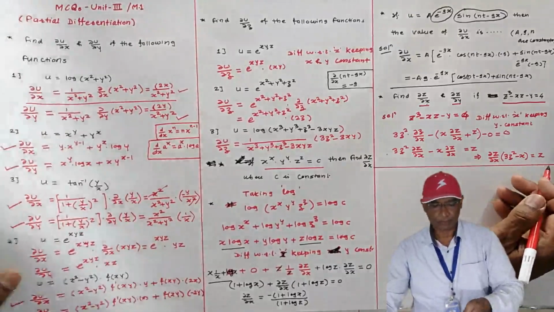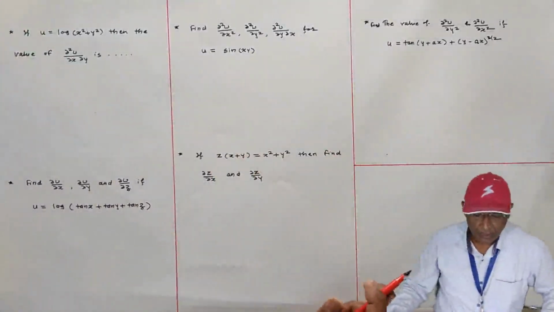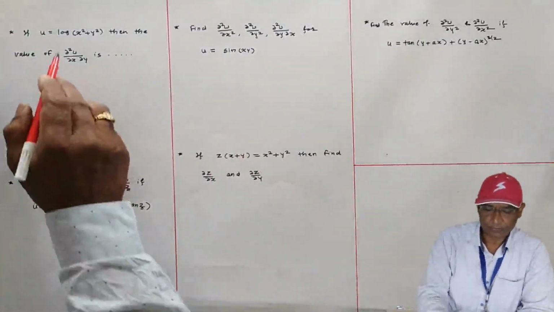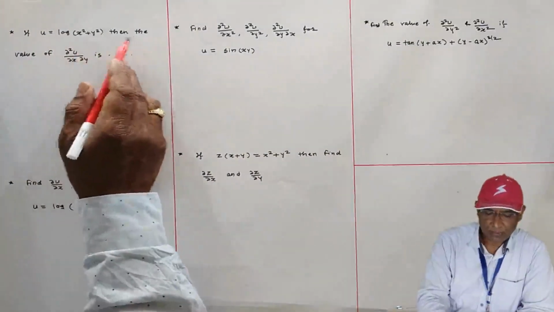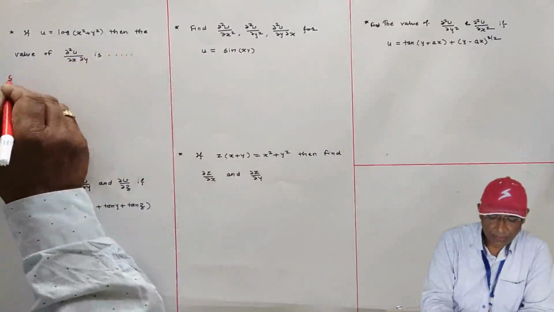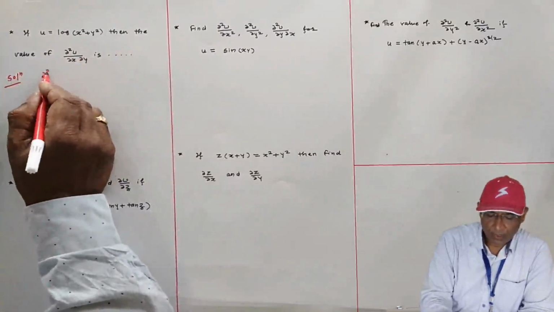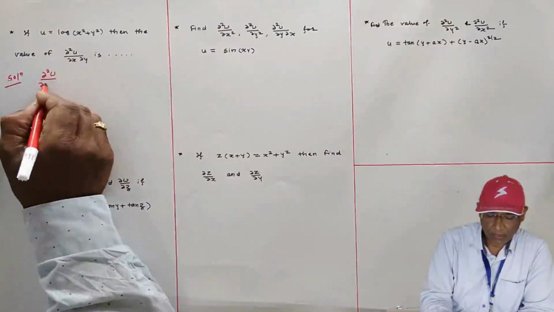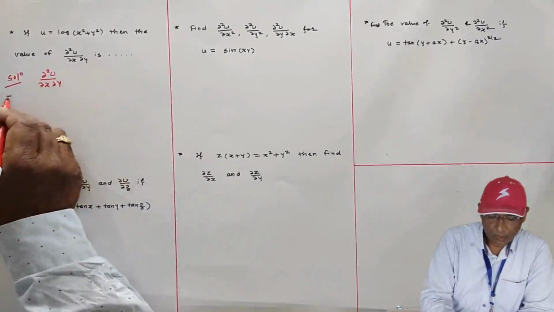Now in continuation, the sums I have already written in order to save time. If u is equal to log of x square plus y square, the function is given, then the value of the double derivative we have to find is del 2u by del x del y, which is what?